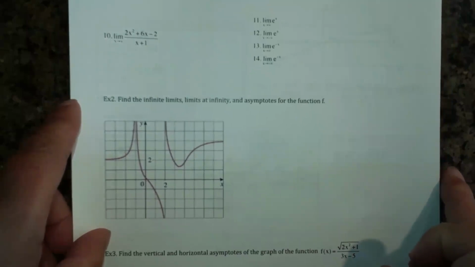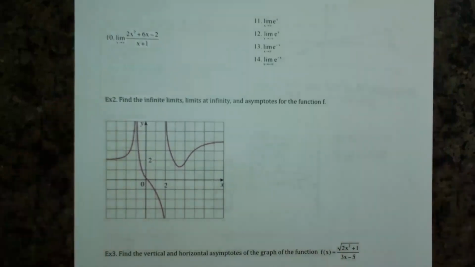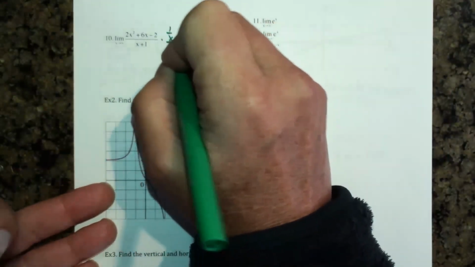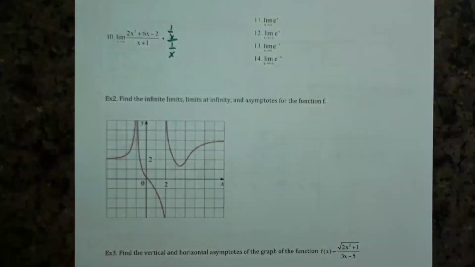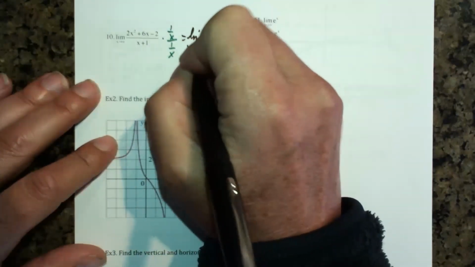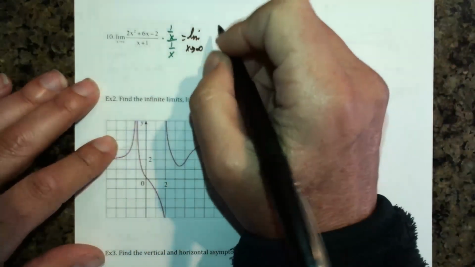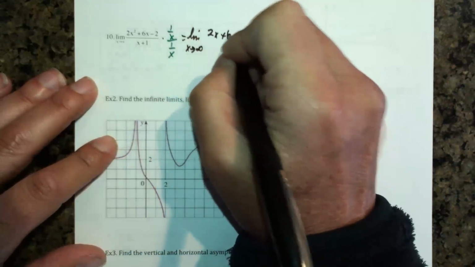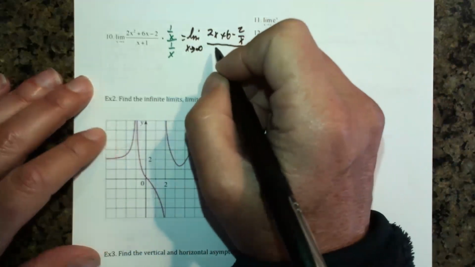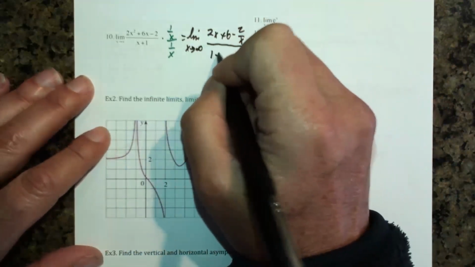All right, let's kick it up. Number 10. Now, in this case, I'm going to multiply by 1 over x. Remember, it's the largest degree in the denominator. x is going off to infinity. That's going to be 2x plus 6 minus 2 over x, over 1 plus 1 over x.